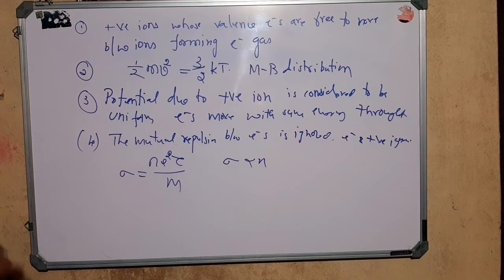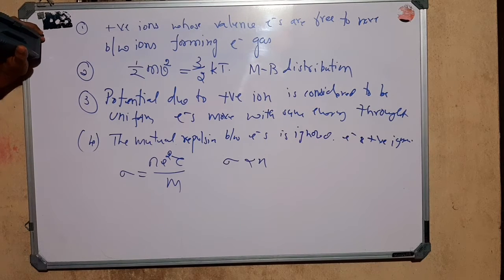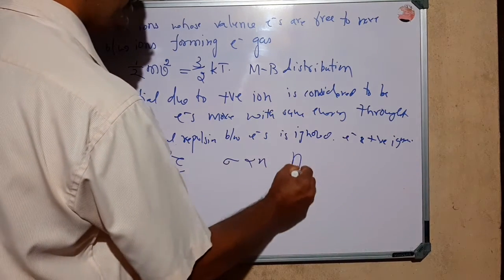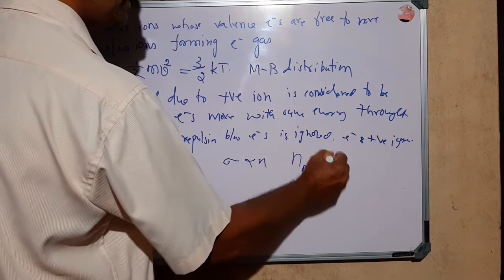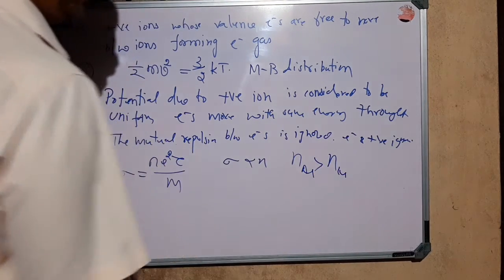That means what? When you consider the trivalent metals like aluminium, which contains more electrons compared to the monovalent metal like copper, that means concentration of free electrons in aluminium is greater than that in copper.